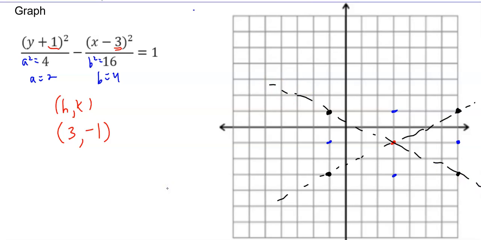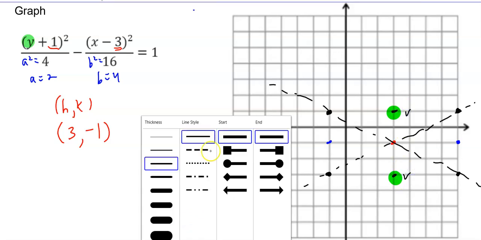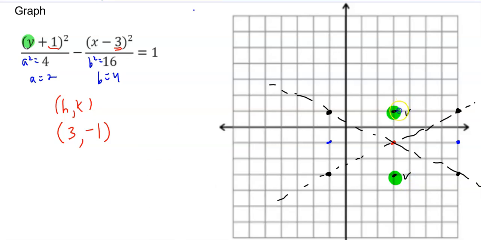Let's see, y is the first term, so that's vertical. So it's got to be the 2 vertical points. Those are the vertices. So that's a vertex. That's a vertex. So let's just go ahead and graph it, right? So it looks something like this. It just goes through those points and approaches the asymptotes.